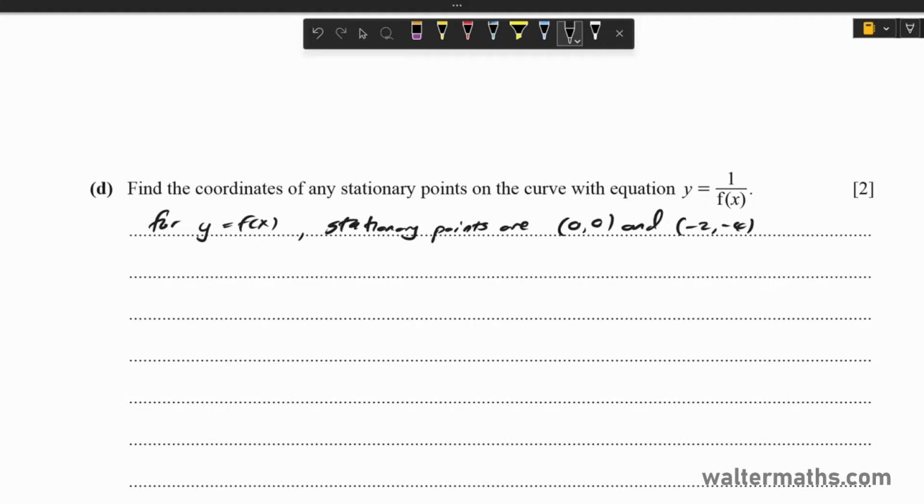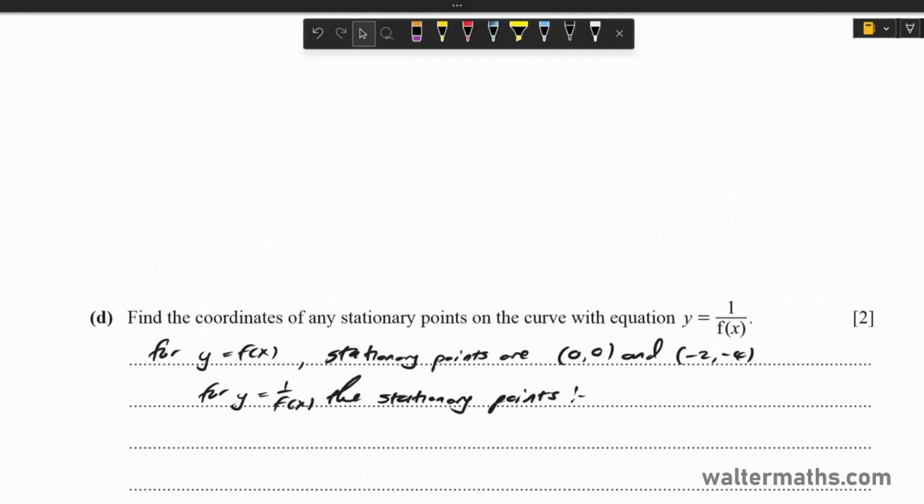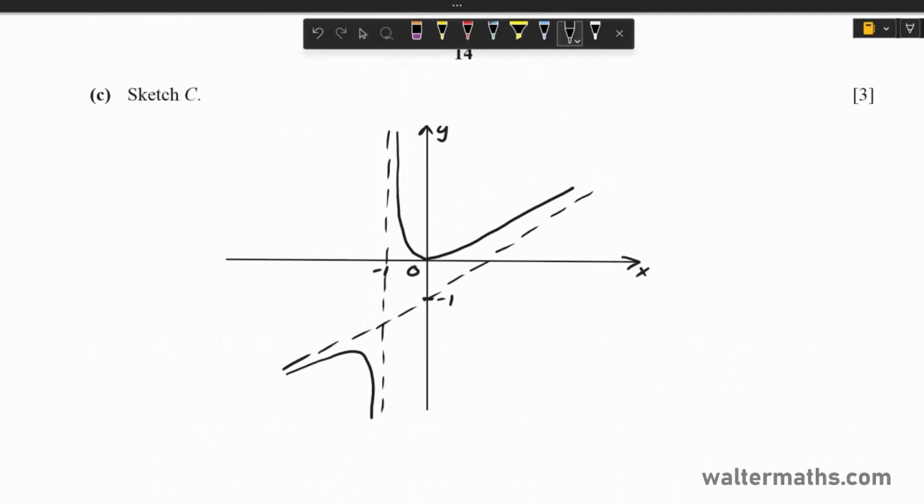Now, for y is equal to 1 over f of x, the stationary points will be, okay, so we know that if we have a graph of y is equal to f of x and it having two stationary points, one of which is a minimum, the one you can see here, it means that at that very same point the reciprocal graph should have a maximum, all right?